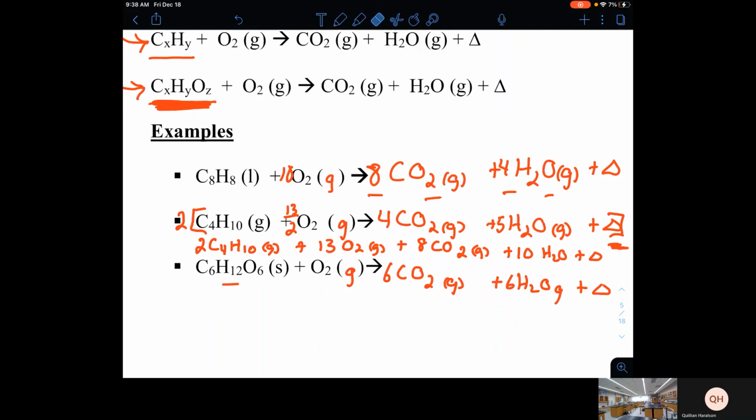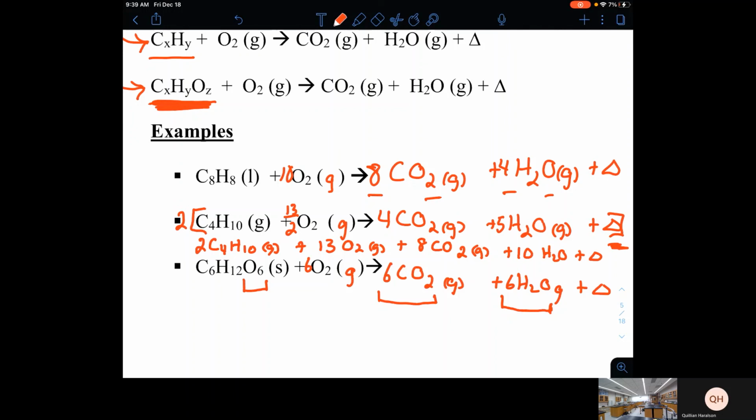And this one you have to be a little careful with. Because this one has oxygens also in the hydrocarbon, I can see that I've got 6 oxygens right here. I also have 6 oxygens sitting right here. So that's kind of a wash. So what I need to account for is really the 12 oxygens that's sitting here.